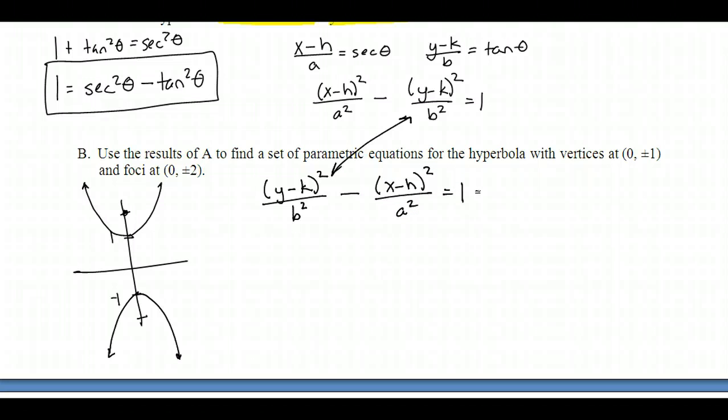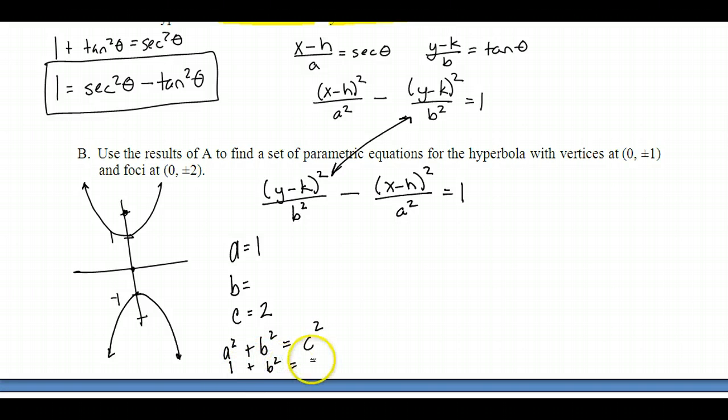Well, in this situation, I know that my a value is equivalent to 1. We have to calculate our b value, and we know that our c value, the distance from your center to your foci, is 2. Therefore, a squared plus b squared equals c squared. We have 1 plus b squared equals c squared, which would give us 4. B squared would be 3, so b is the square root of 3.